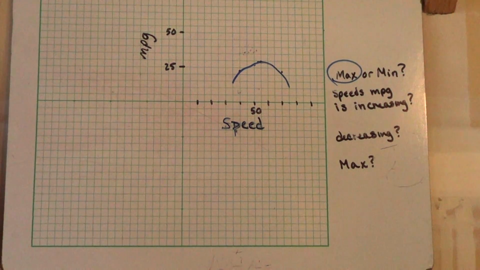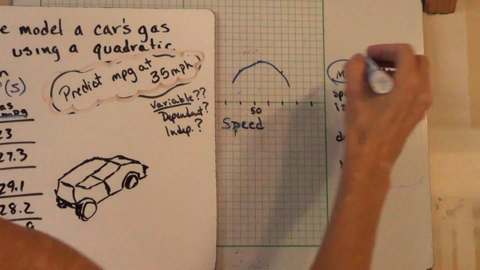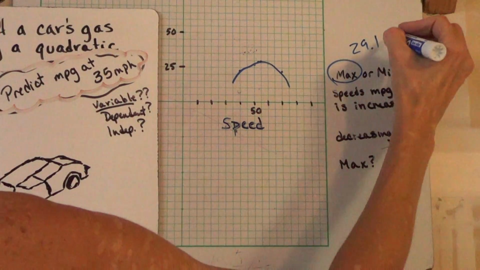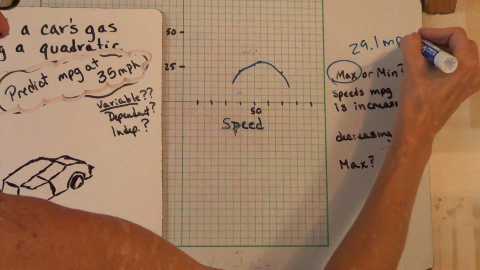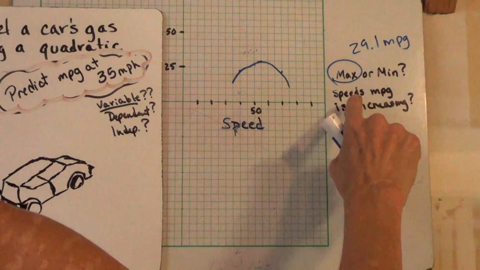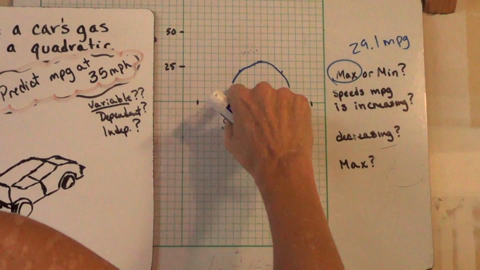What is the maximum? The maximum from our graph appears to be 29.1 miles per gallon. At what speeds are the miles per gallon increasing?